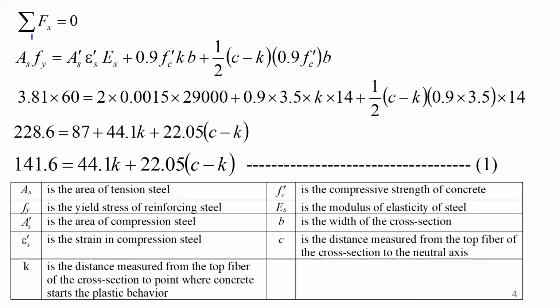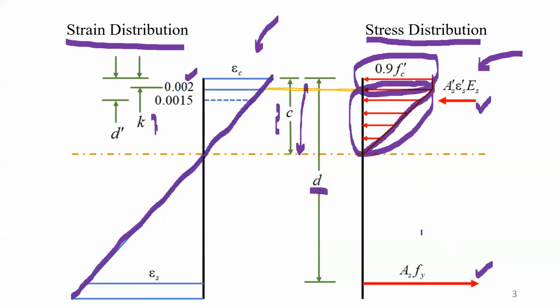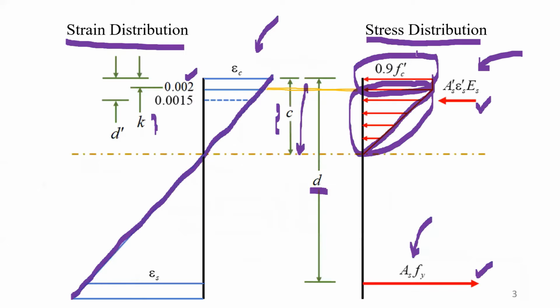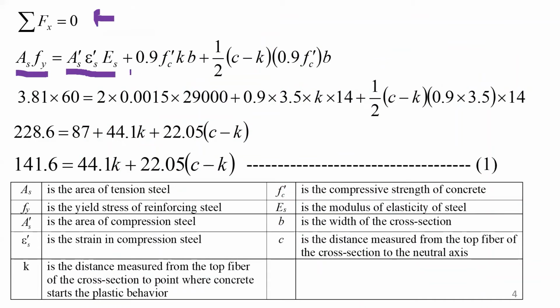Since the sum of the forces in the x direction must be equal to 0, then As times fy, this term represents the force in the tension steel, must be equal to A's times epsilon s prime times Es. This term represents the force in the compression steel, plus 0.9 times f'c times k times b.